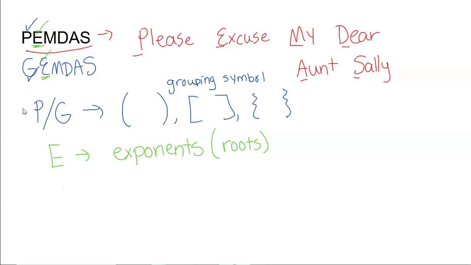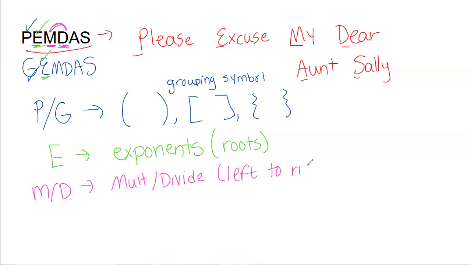Okay, and now here's where people mess up. The M stands for multiplying, the D stands for dividing. So yes, the M comes first, but these two actually go together. So they stand for multiply and divide, and they come in the same step, and you're going to go from left to right, like you are reading a book.